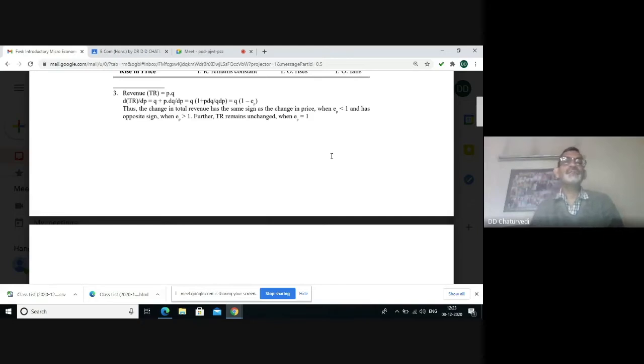That is, change in total revenue and change in price are in the same direction. And similarly, when elasticity of demand is more than 1, the right hand side will become negative. That means change in total revenue and the price will be in opposite direction.